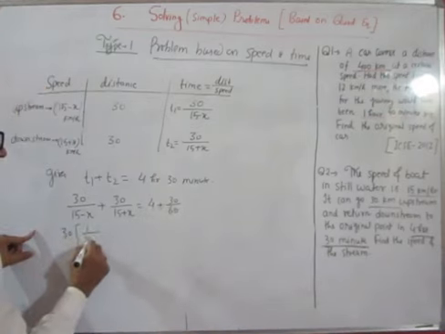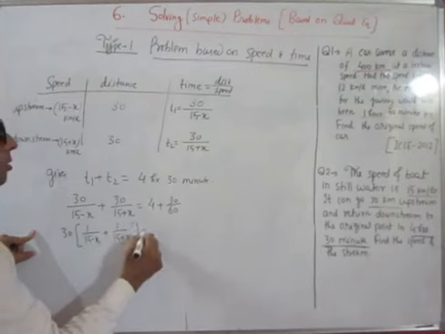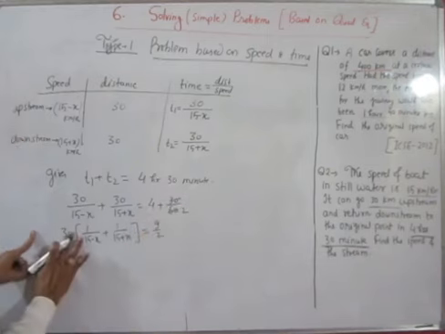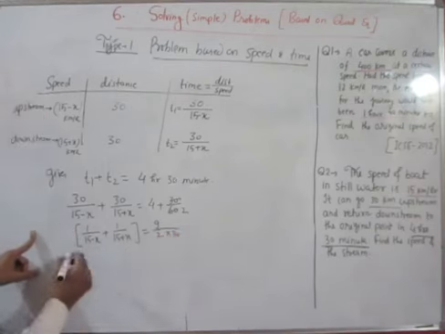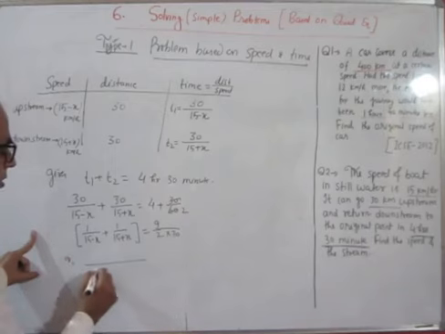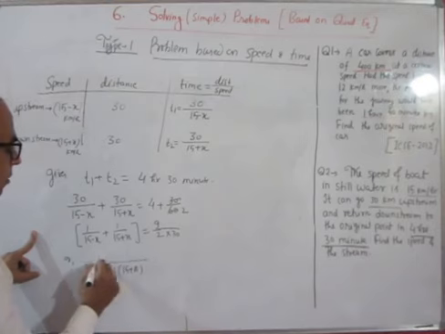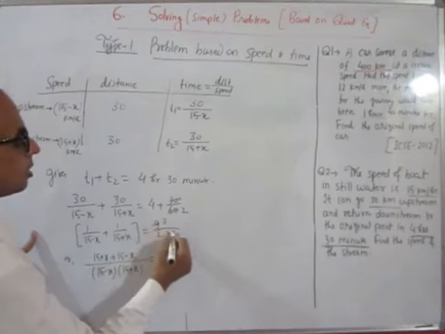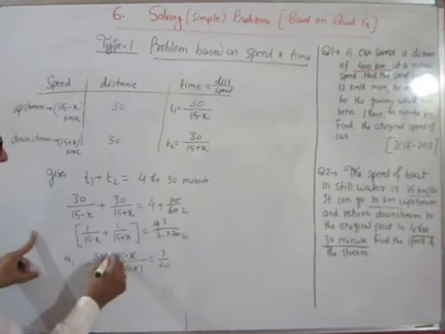Now take 30 common from here. So 1 by 15 minus x plus 1 by 15 plus x is equal to 9 by 2, then shift this 30 to this side. So finally we get here the LCM is 15 minus x into 15 plus x, and 15 plus x plus 15 minus x is equal to 3 by 20. Now x is cancelled.